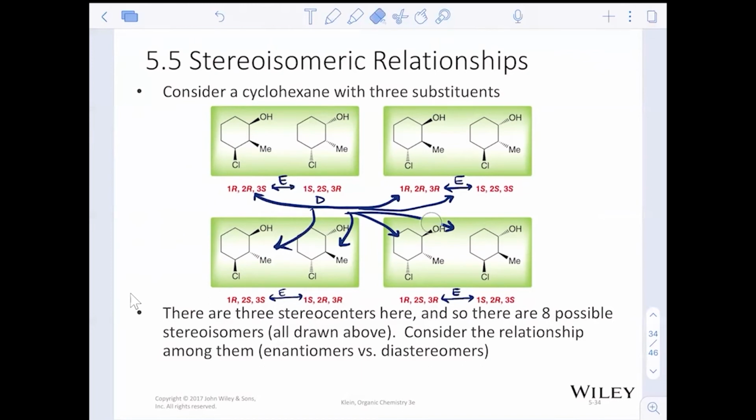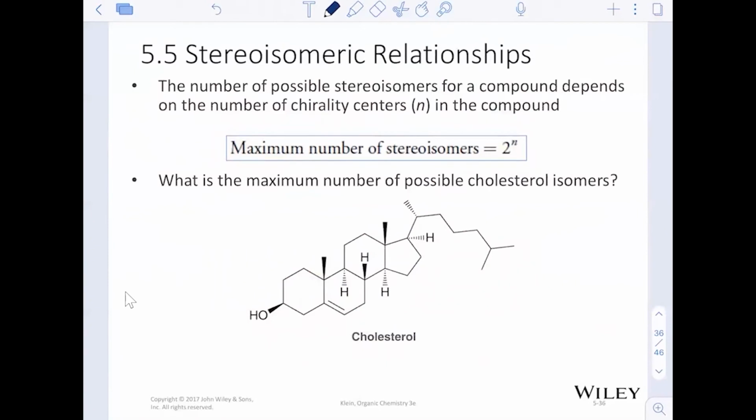What's really important to note is that there are only 2 molecules that can be a pair of enantiomers. If you have 2 chiral centers or more, and the chiral centers are exactly opposite, that is the enantiomer. If one stays the same and one is different, that's a diastereomer. Now here's the rule.